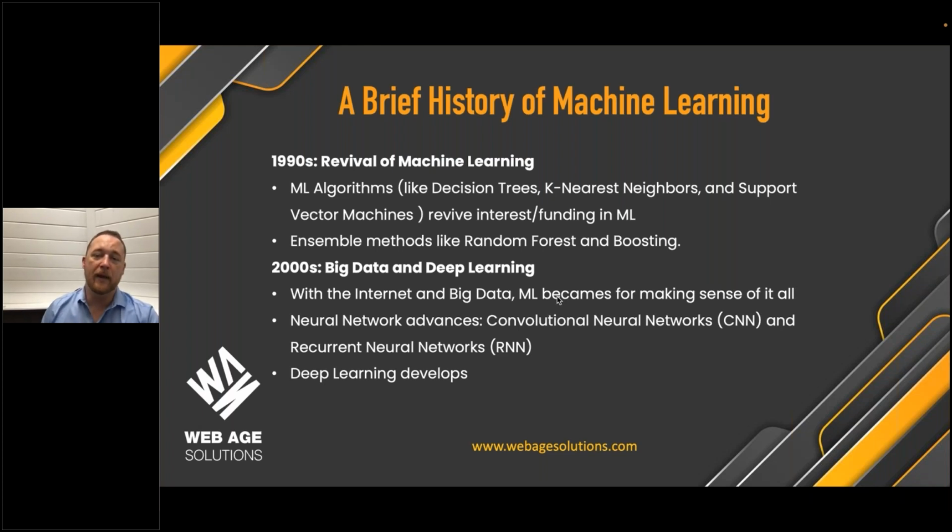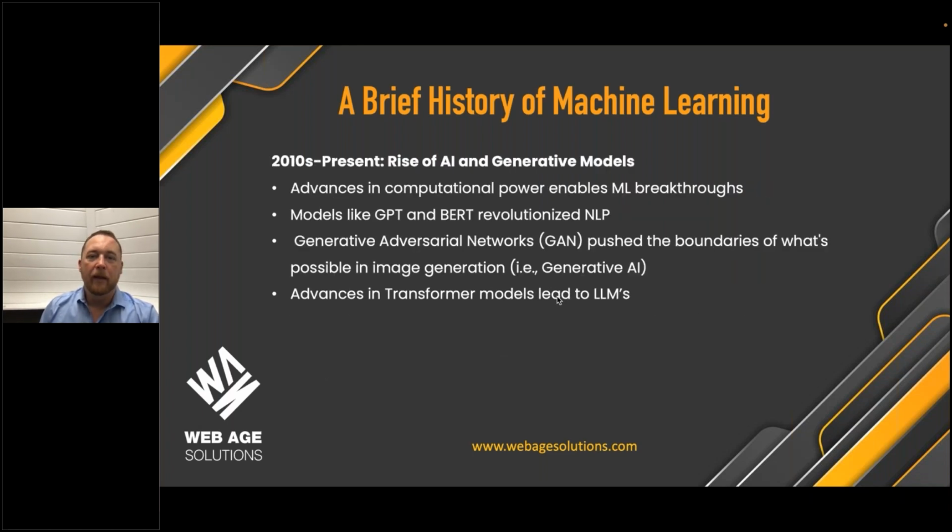This was made possible by some of the developments in neural networks, like the convolutional and recurrent neural network topologies. And then in the 2010s and early 2020s, we see advances in computational power. These really led to the breakthroughs in machine learning. Prior to this, the bottleneck wasn't memory.